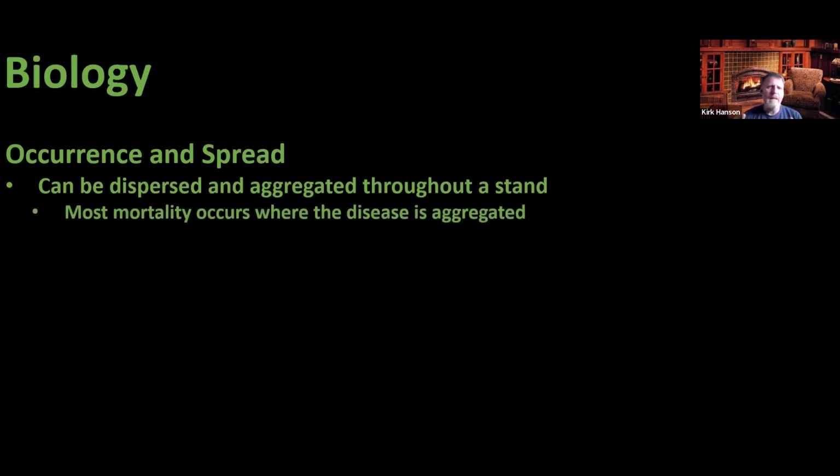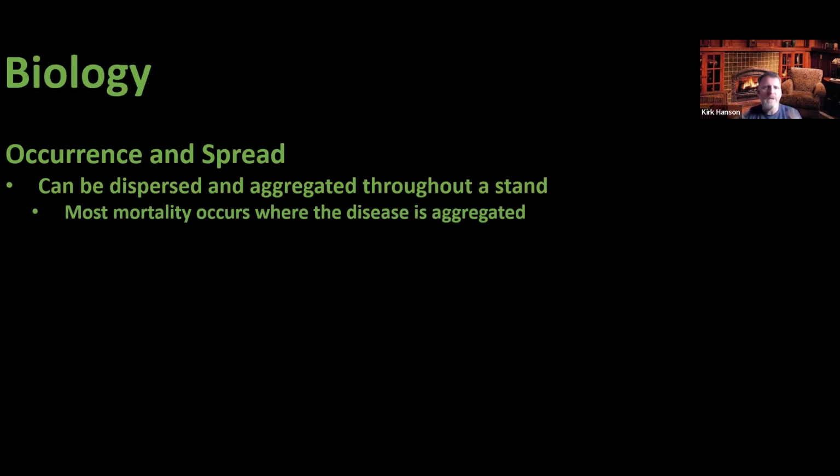And most of the mortality that we see, just by percent of trees that are dying within a forest, tends to occur in these aggregated areas. That's for a number of reasons. The fungus has gained a very strong foothold. It's usually spreading in kind of a radial or fractal pattern out from a point of infection.